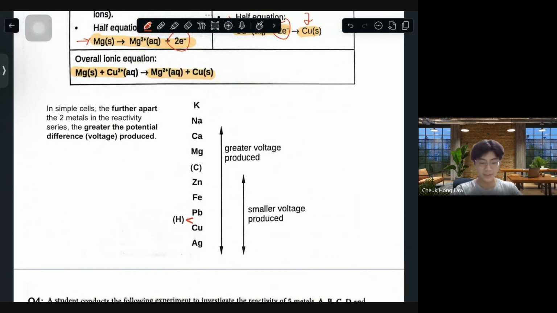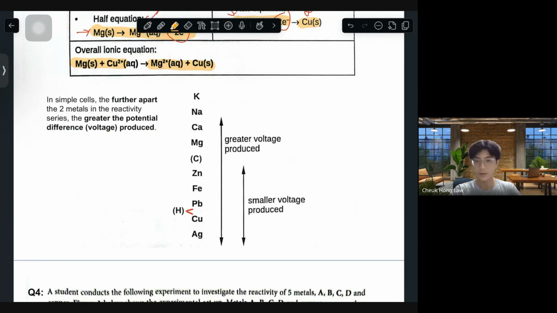In simple cells, the further apart the two metals in the reactivity series, the greater the voltage produced. This is a reactivity series, right? If I compare sodium and silver versus zinc and silver, sodium and silver has a greater difference, so you have higher voltage.